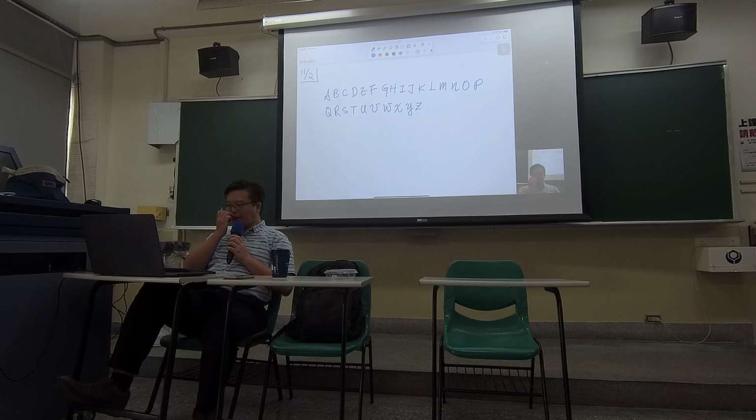So this is my handwriting of capitalized characters. They are easy to understand. Sometimes my Z looks like this. Sometimes S looks like this. Sometimes my J looks like this. Yeah, I think the capitalized ones are easier.